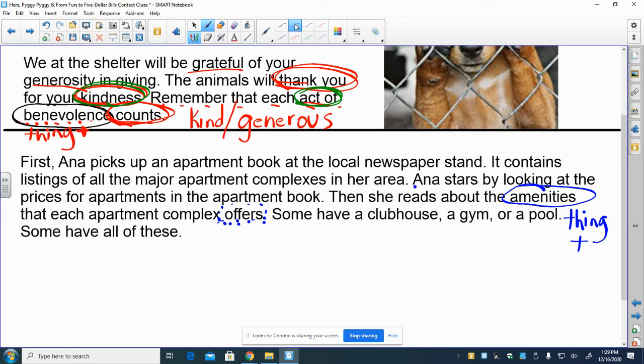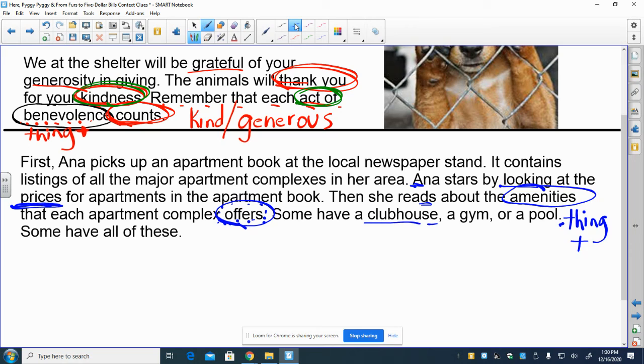The sentence before, the sentence it's in, and the sentence after. Anna starts by looking at the prices for apartments in the apartment book. Okay, so the first thing she looked at was prices. Then she reads about the amenities that each apartment complex offers. So I know that amenities does not mean prices, but it's something that she's looking at.